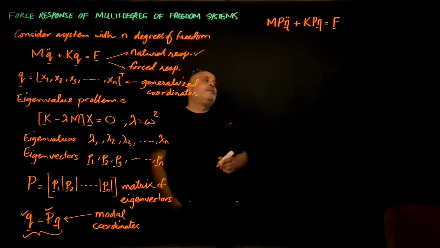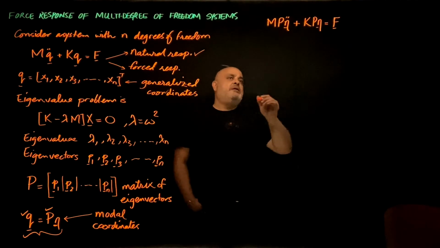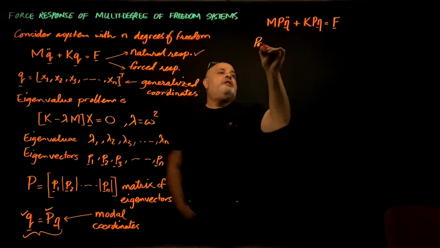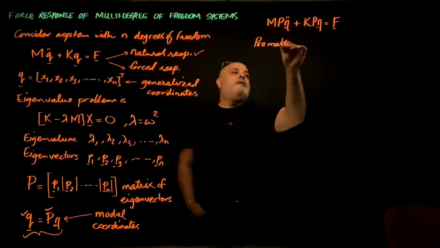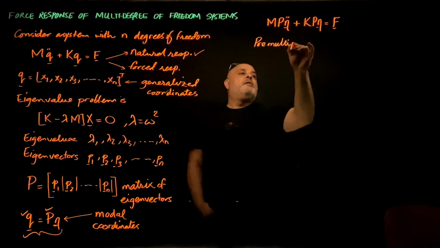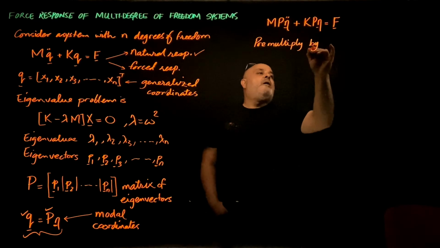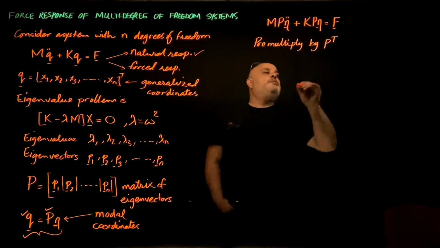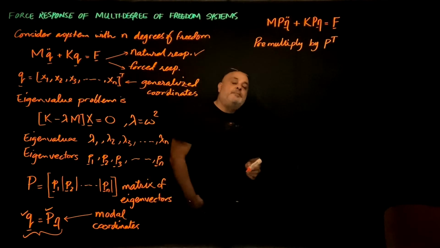Now, I will pre-multiply this equation by P transpose, the transpose of the matrix of eigenvectors.